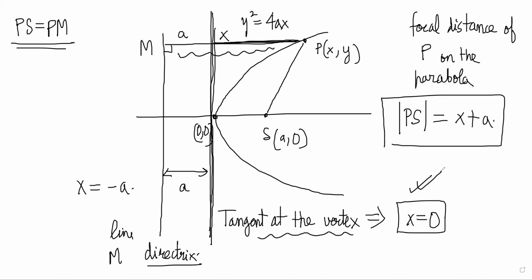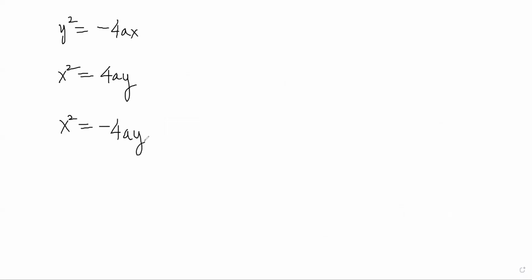What we will do next is basically start looking at different versions of our basic parabola. Right now we have looked at y squared is equal to 4ax. In the next section of the course, what we'll look at is different types of parabolas. So I want to look at parabolas like y squared is equal to minus 4ax, x squared is equal to 4ay, x squared is equal to minus 4ay, and even an oblique parabola.